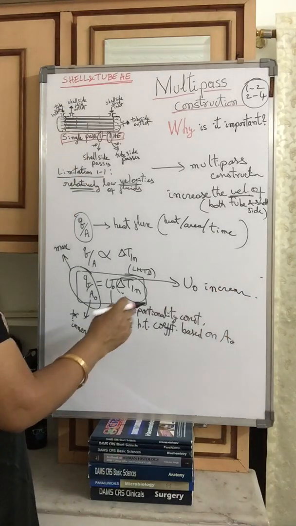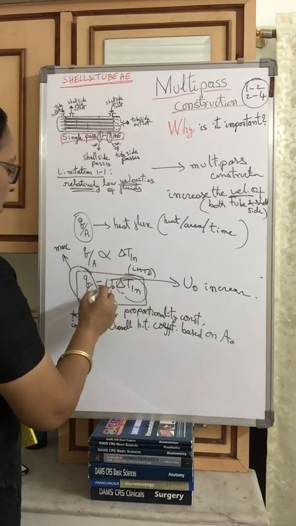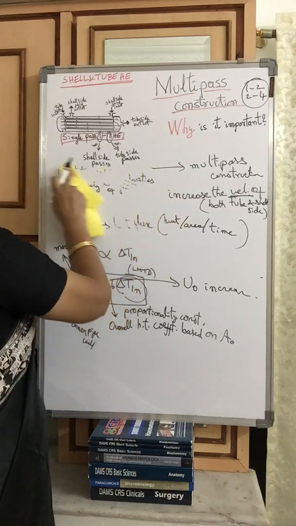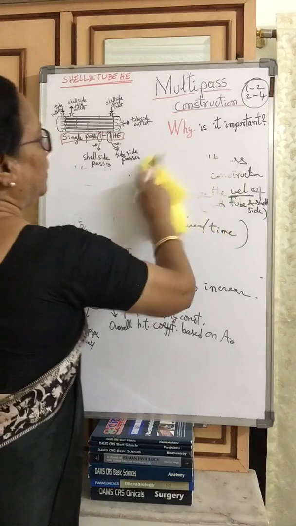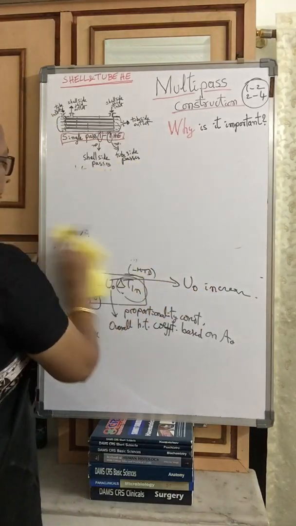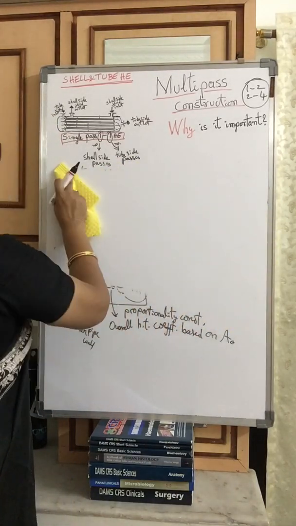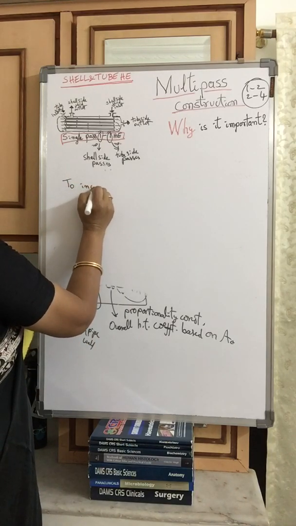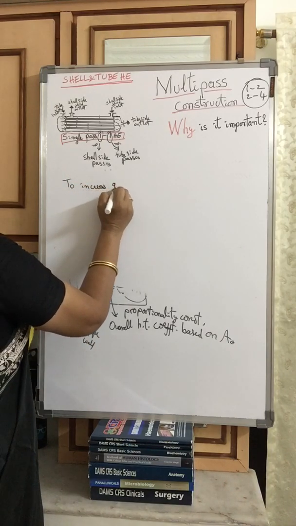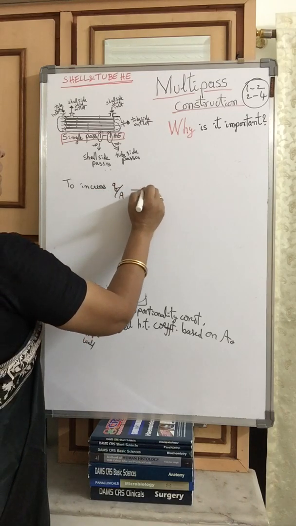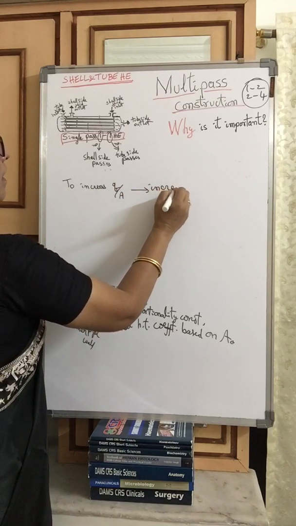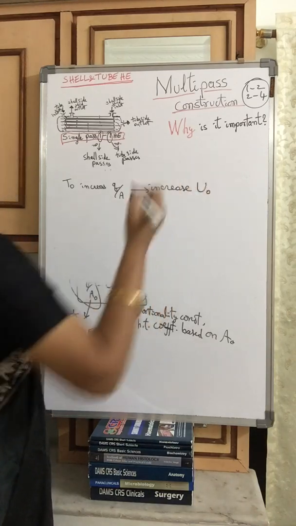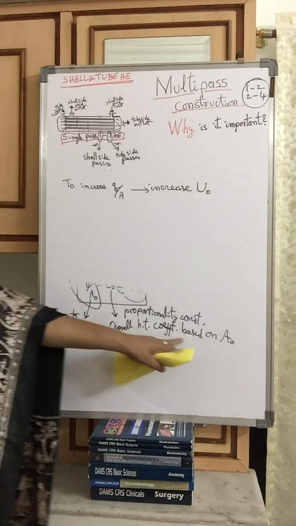So what have we understood now? If you increase U naught, Q by A naught will increase. So to increase heat flux Q by A, we need to increase U naught, that is, the overall heat transfer coefficient.